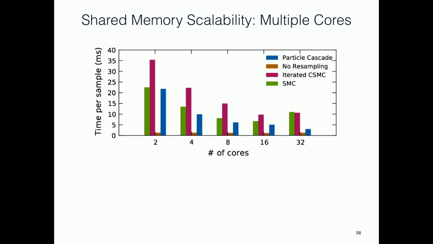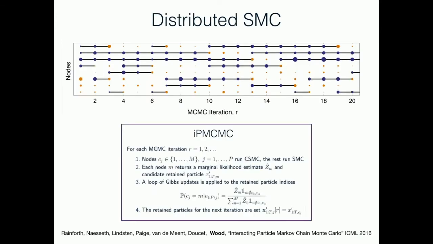But this is still a single machine. We can do better. The most powerful algorithm in Anglican, besides random walk Metropolis-Hastings, is iterated particle Markov chain Monte Carlo, which is way too much to talk about here, but it is an optimally resource-allocated, distributed sequential Monte Carlo based algorithm that runs conditional sequential Monte Carlo on some nodes and regular SMC on some nodes.